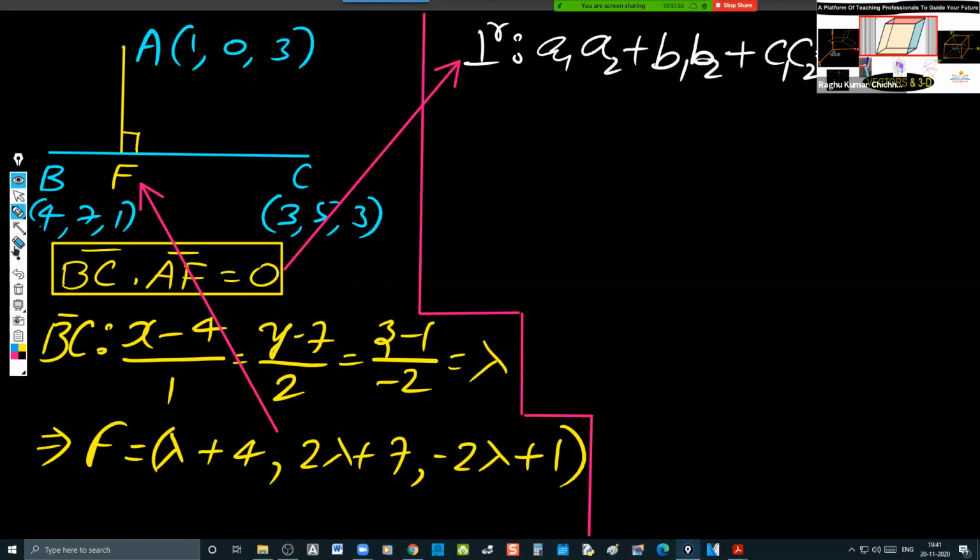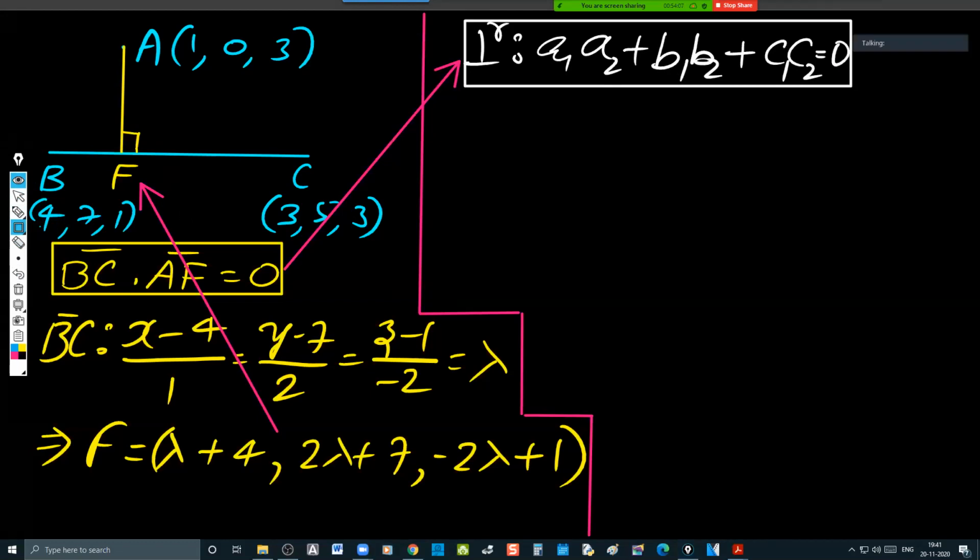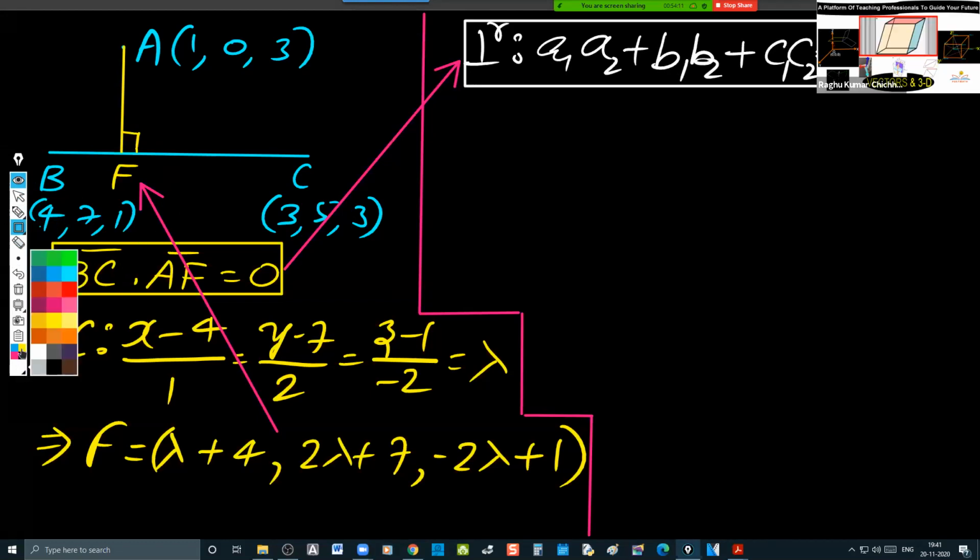So what are A1, B1, C1? They are the DRs of BC. DRs of BC are 1, 2, minus 2.